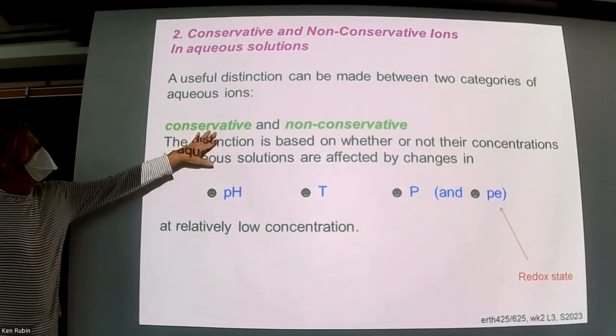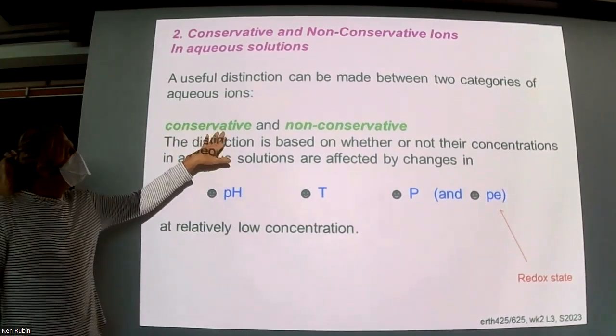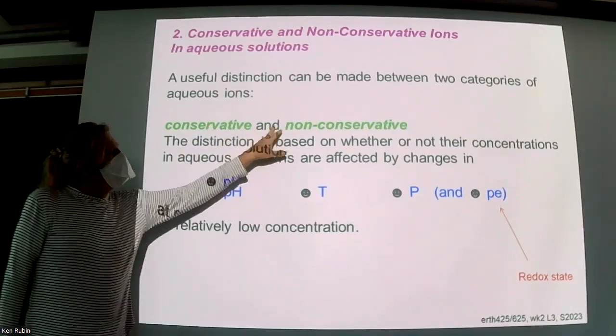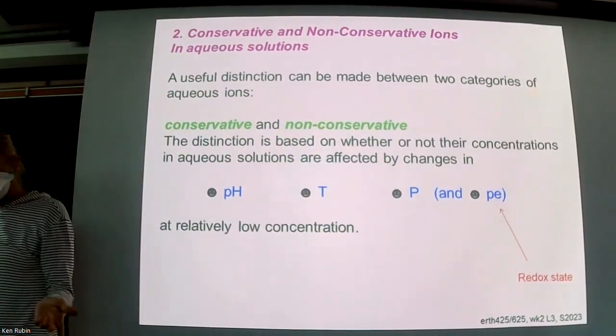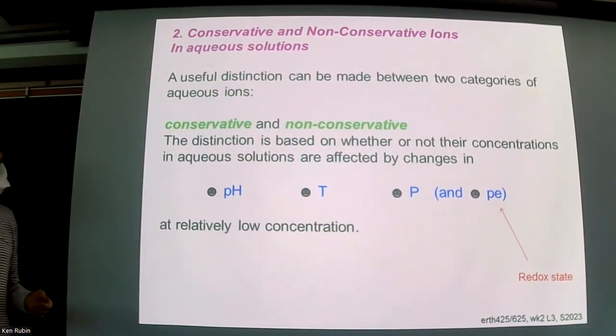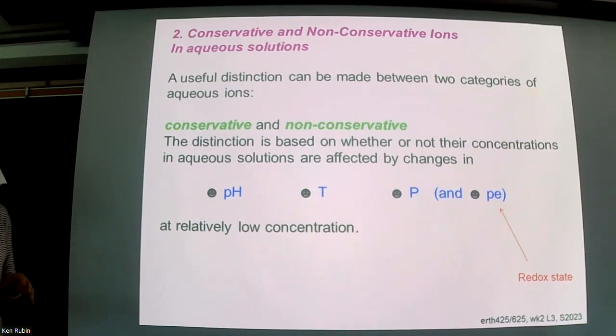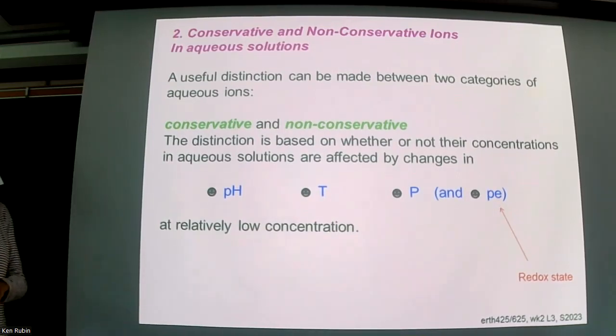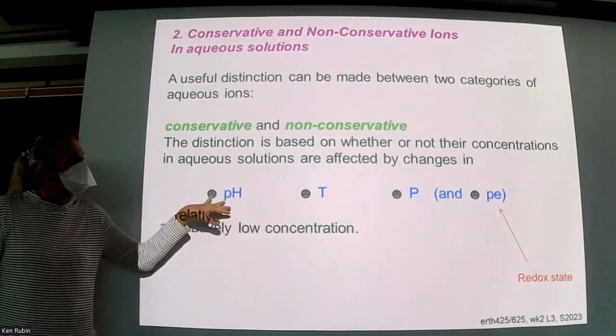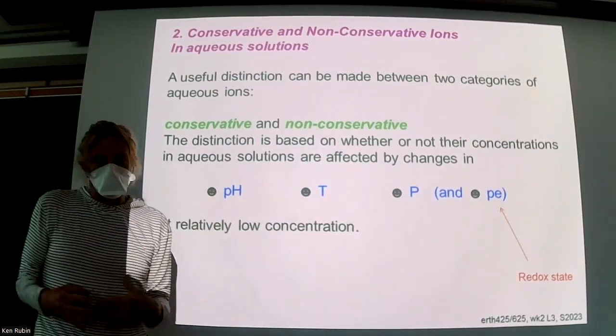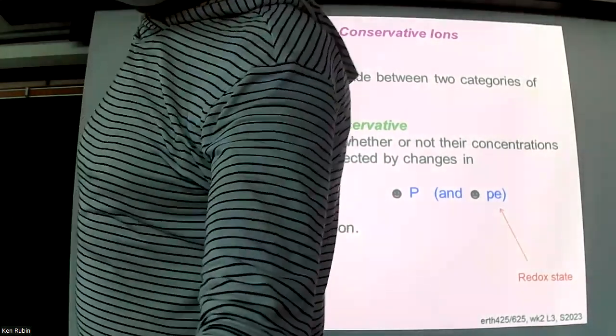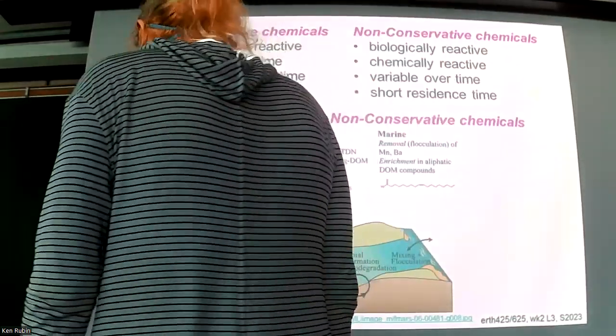There's no shades of gray with conservative, but once you stop being conservative, there's a gradient to the maximum non-conservativeness. And that will help us understand what is controlling compositional variations. There's lots of other things besides these variables, but we try to look at these things first because they're pretty easy to measure and determine.